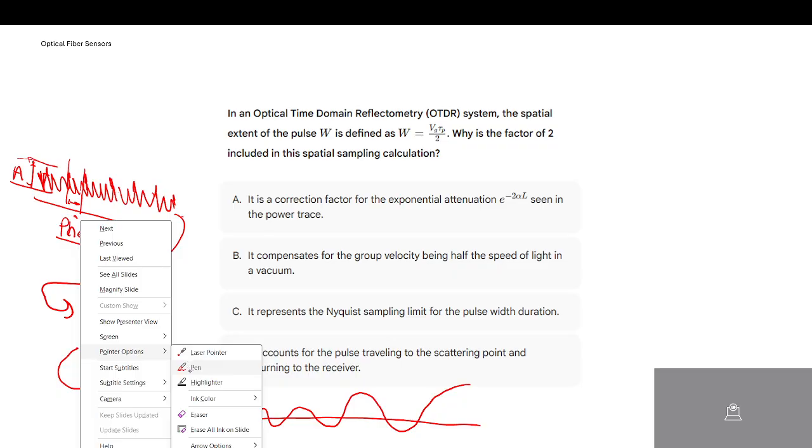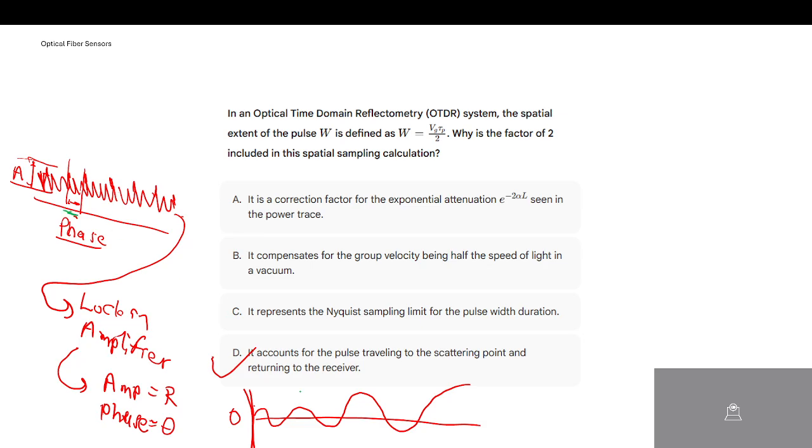Pointer, this case I am taking, and you have cosine will be like this. Not like this, like this, diminishing. So one thing is there, that cosine will go like this.